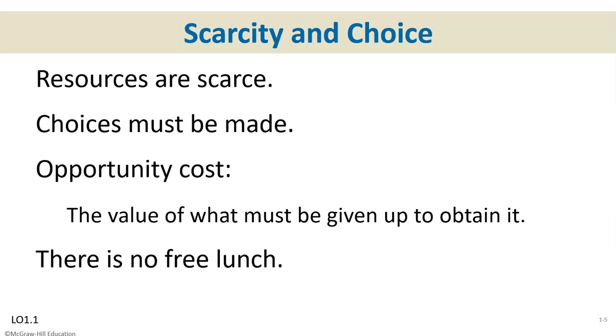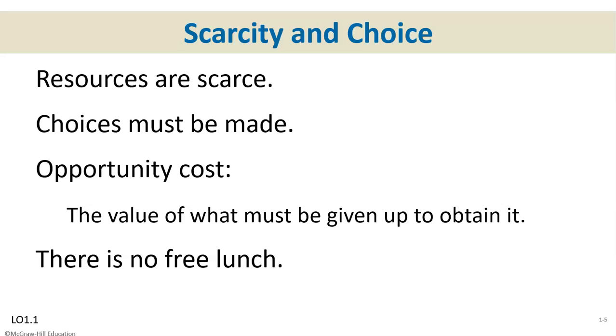Okay, the phrase, "there is no free lunch," is actually a famous economics saying, and if you haven't heard it already, you will one day. You'll hear the phrase, "there's no free lunch." All that means is that there's always an opportunity cost. So even if you get something for free, like lunch, those free products that you didn't have to actually pay out of pocket for are using up some resources in the economy.